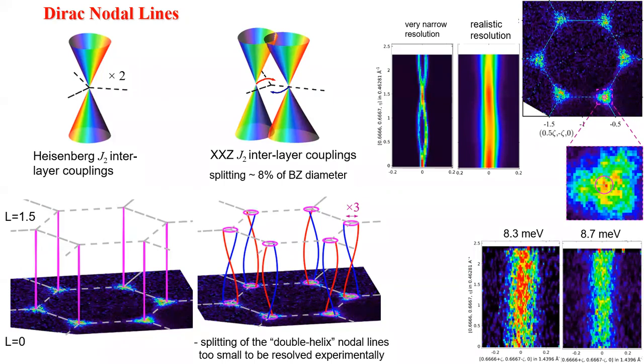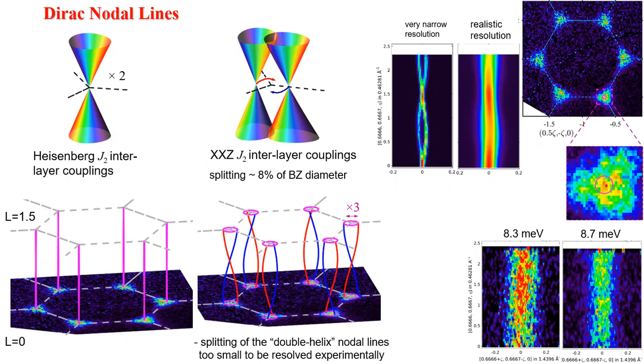J2 is where the layers are stacked with the offset. If it's Heisenberg-like, then the node lines are exactly the same.